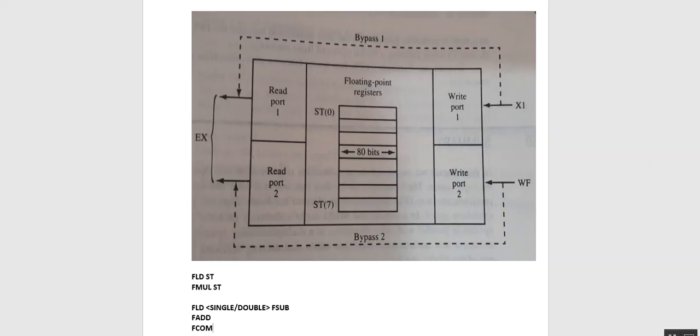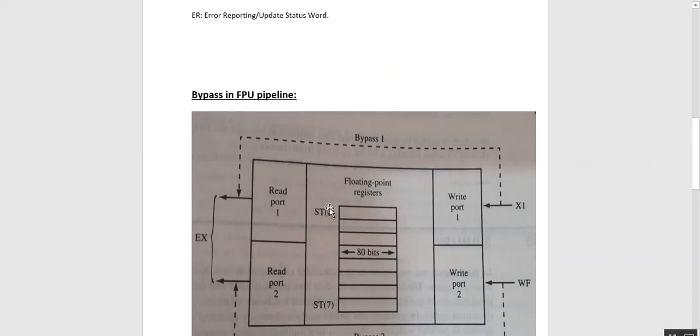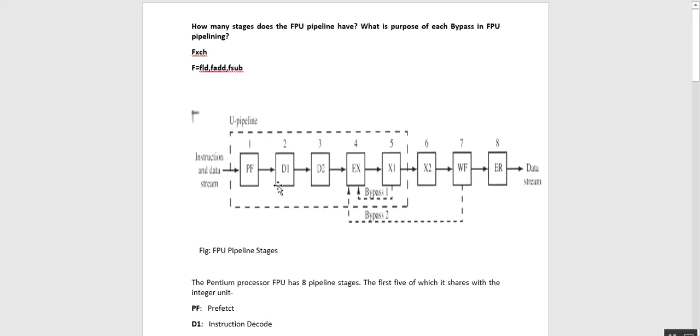The second instruction must be FXCH, since the U pipeline makes up the first five stages of the FU pipeline. The FXCH instruction executes in the V pipeline.